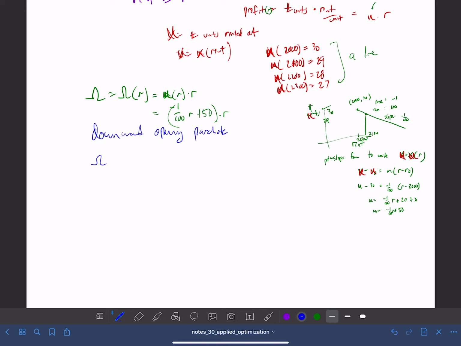Omega, the profit function, equals 0 if r equals 0, because then I'm not charging anybody. Or omega equals 0 if r equals 5,000, because no one rented, because I charged too much.